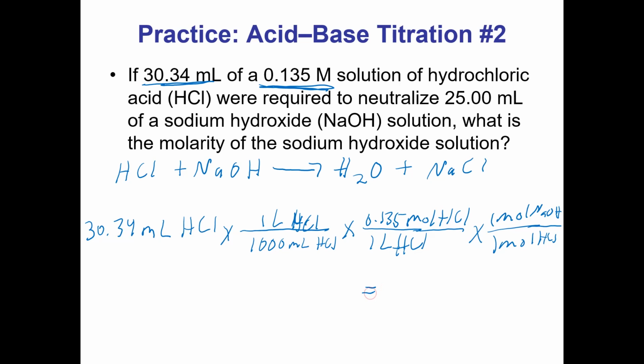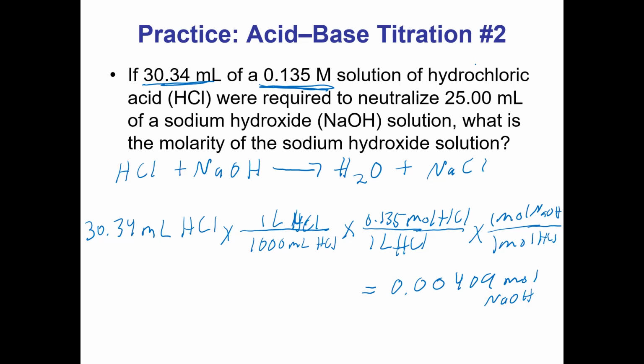So if you divide that out, take 30.34 times 0.135 and divide by 1,000, you come out with 0.00409 moles of sodium hydroxide.